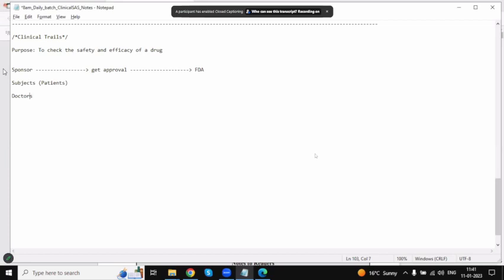But going forward, we call them investigators. This terminology only we are going to use. Investigator is nothing but doctors. Principal investigators are nothing but senior doctors.